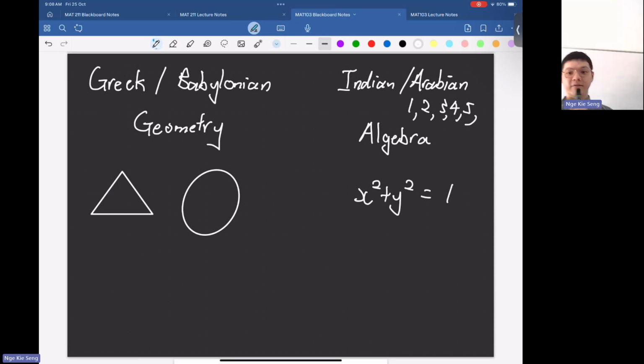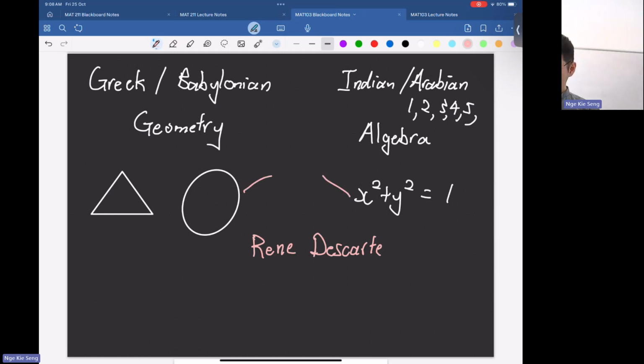Then there's one French guy called René Descartes. There's an S there, but it's a silent S because he is a French guy. This guy married these two ideas, which they call analytic geometry. Now maybe you wonder why it is not called algebraic geometry? Because they introduce algebraic tools to geometry to study local properties.